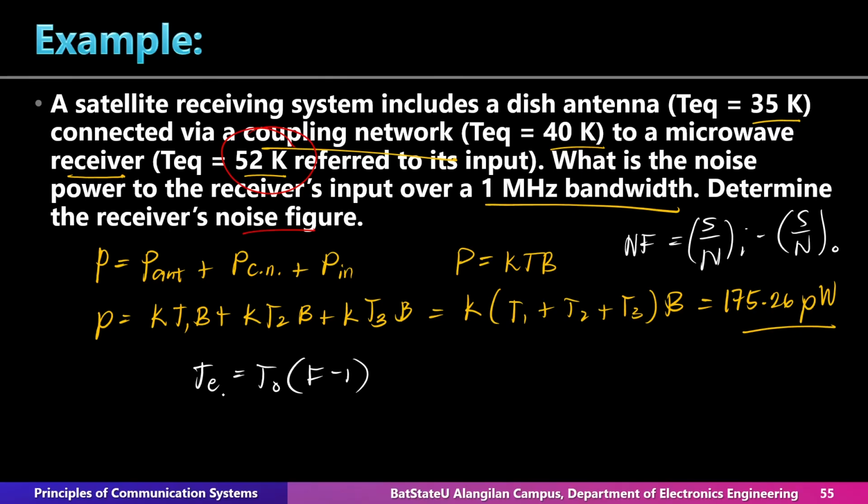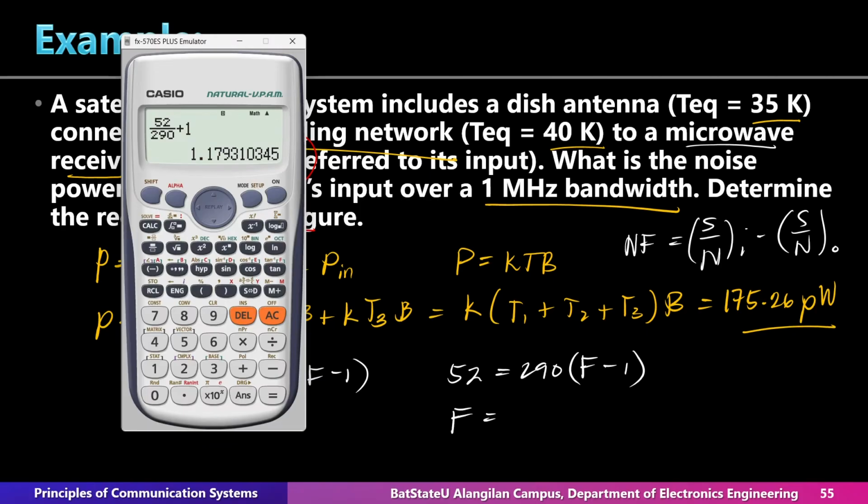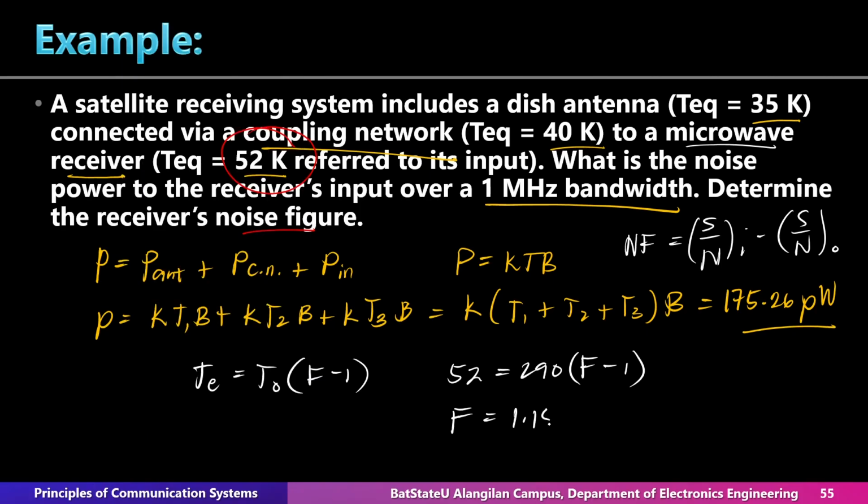Okay? So, yan yung ating equivalent temperature. Ang sabi, yun daw mismong receiver. Ayan, microwave receiver. Ang hinahanap niya, determine the receiver's noise figure. Ayan. So, pwede natin gamitin yung noise temperature ng receiver na 52 kelvins para makompute yung noise factor niya. So, yung noise factor niya ay 1.18.